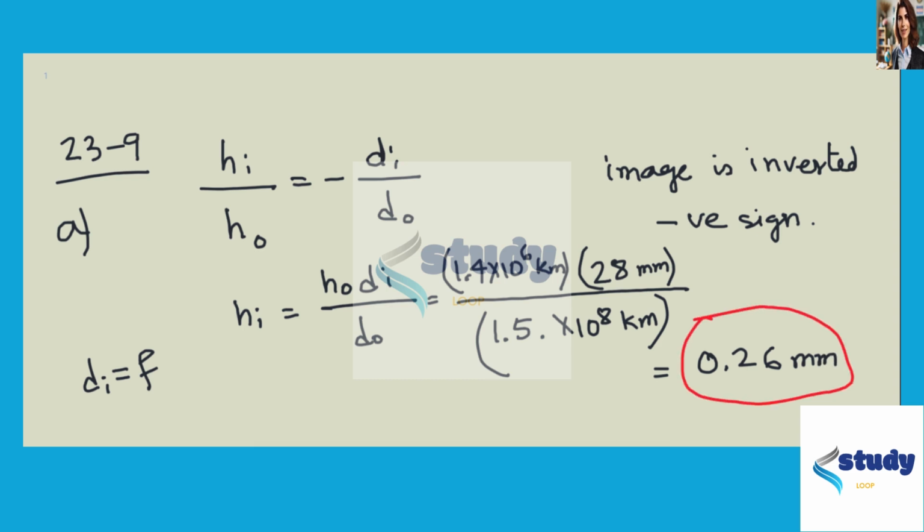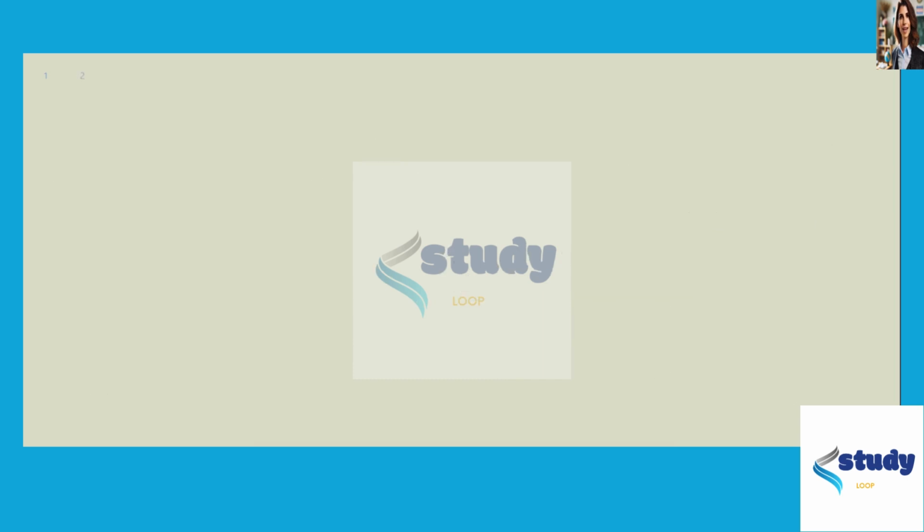Now we can do the same calculation for parts B and C. I'll leave the calculation up to you, but it's the same. The only thing that will change is the di. For part B, with 50 millimeters as our di, the height of the image will be 0.47 millimeters.